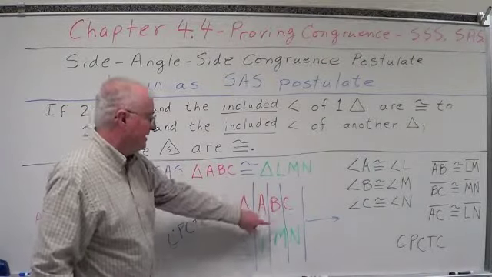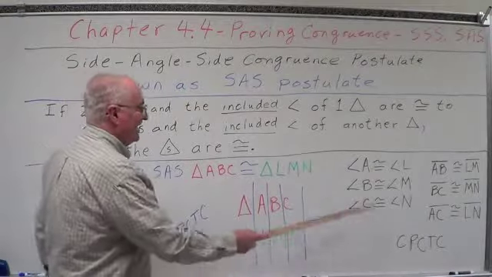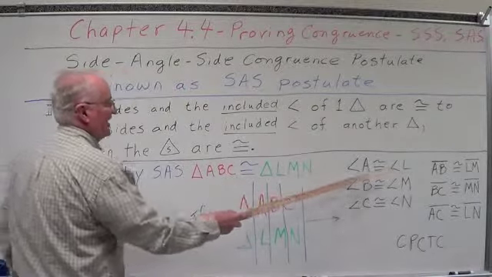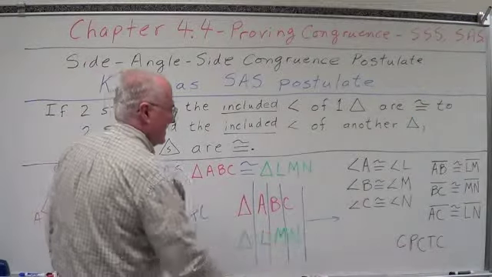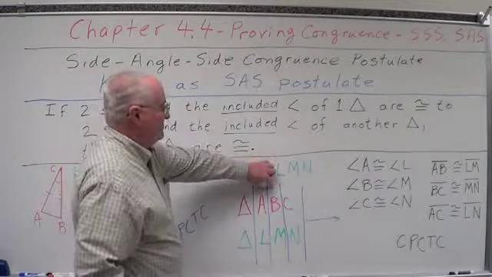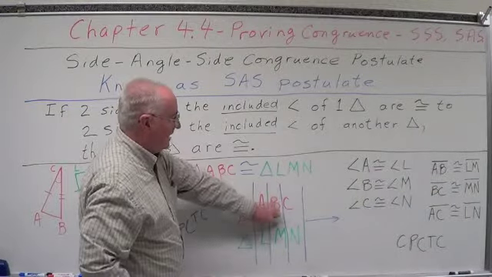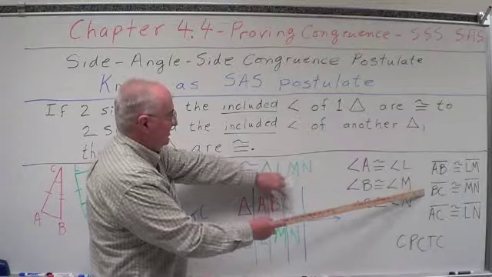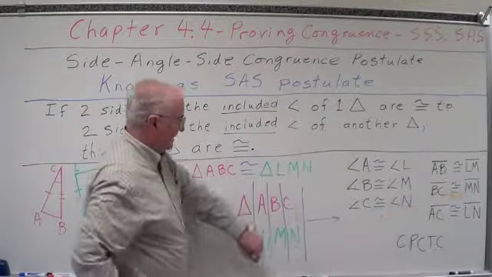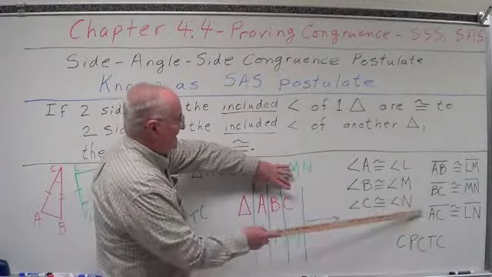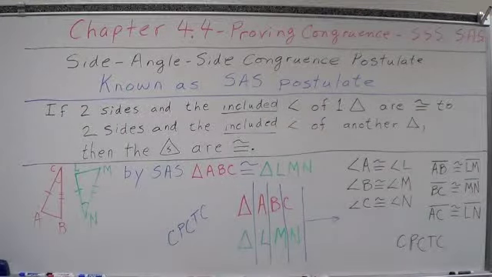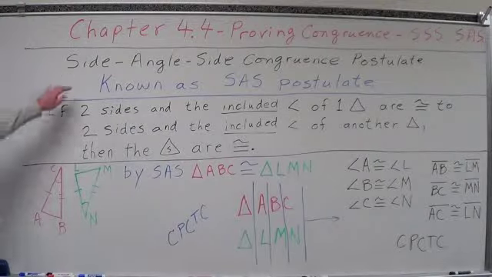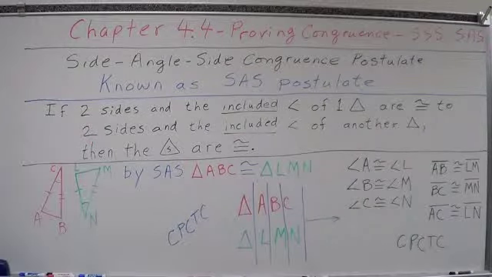A corresponds to L, B to M, C to N. And that leads us to say angle A is congruent to angle L, angle B is congruent to angle M, angle C is congruent to angle N. And segment AB is congruent to segment LM. Segment BC is congruent to segment MN. And segment AC is congruent to segment LN by CPCTC. That thing keeps showing up. This is how we would apply the SAS postulate.